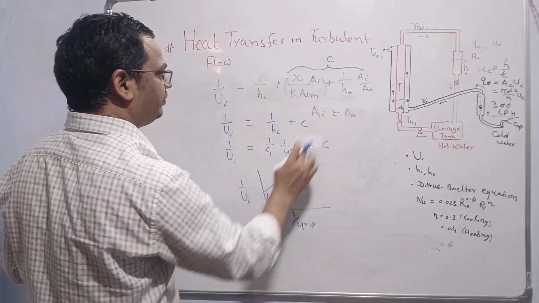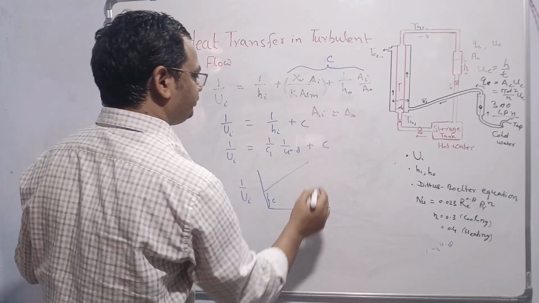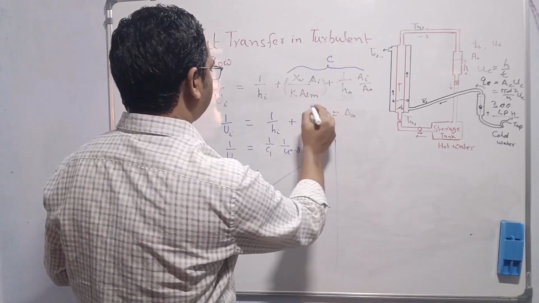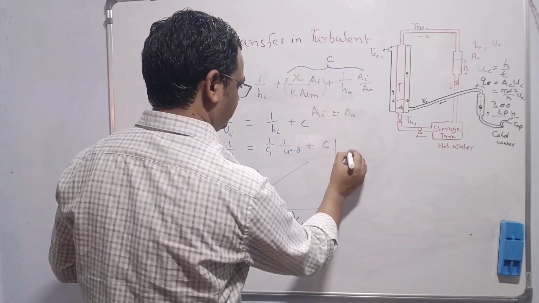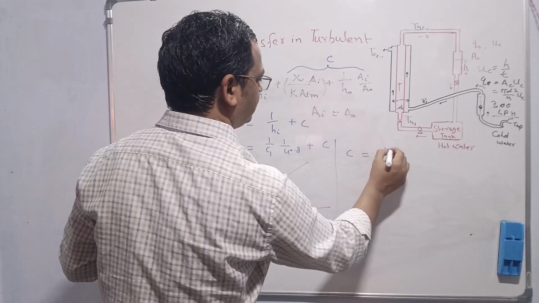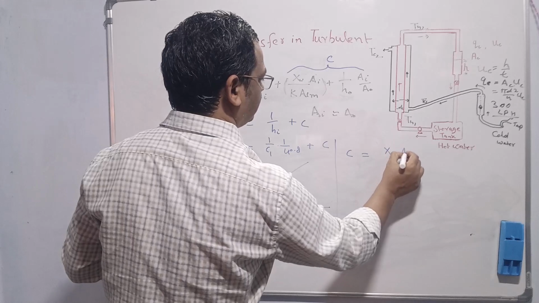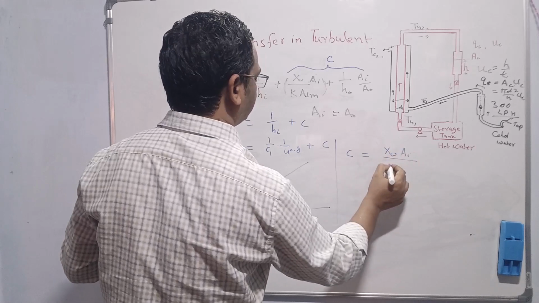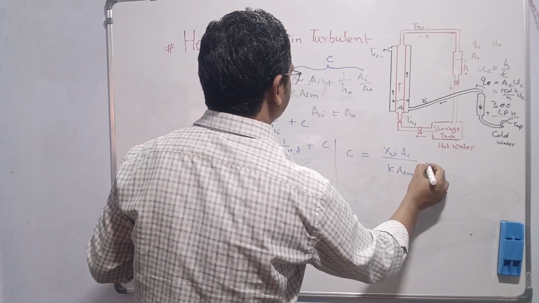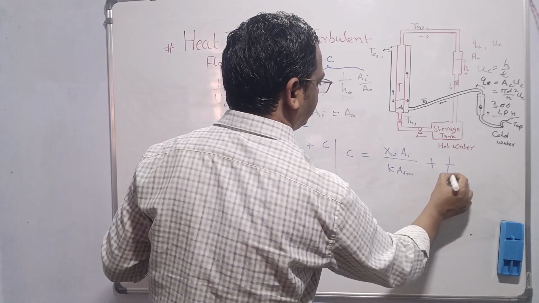Once we find C, we can find ho. So from here we can find ho. C means this one, plus 1 by ho.